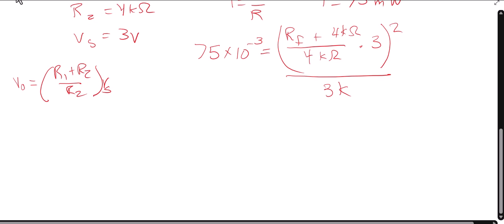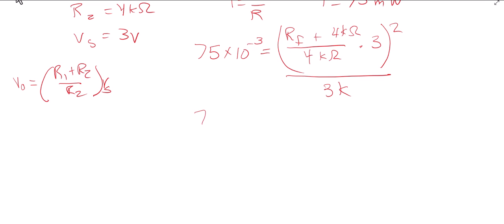So let's see, multiply 75 milli times 3K, a milli and a K cancel each other out.